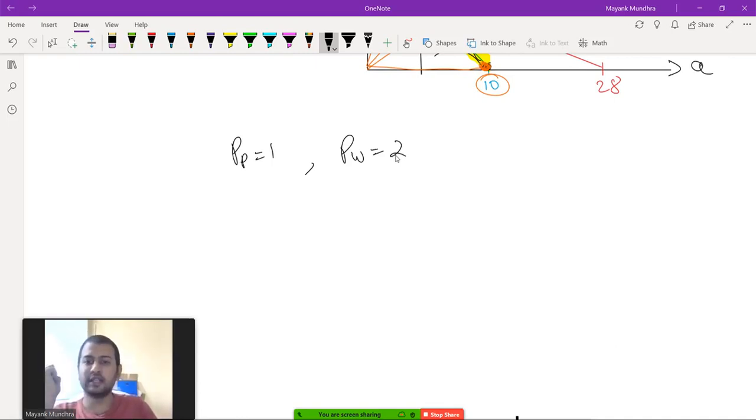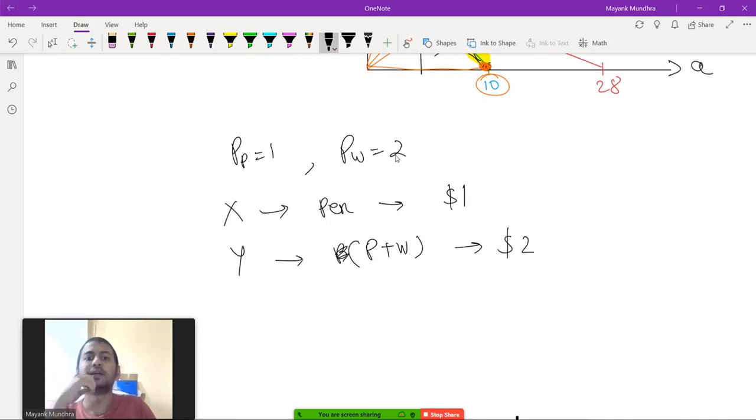So let me say that he can buy either good X, which is just a pen, which costs $1, or he can buy good Y, which is the bundle, pen plus VTs, which costs $2. So his budget line becomes 1 times X plus 2 times Y equals his income.